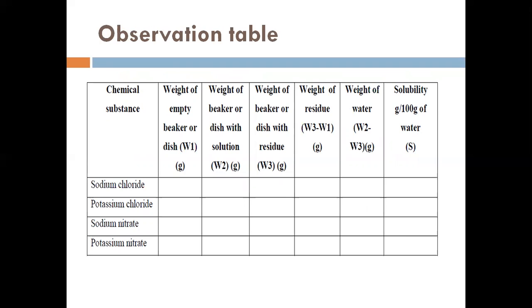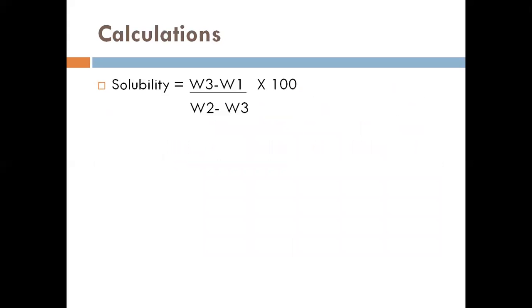Also, you have to calculate the weight of residue by W3 minus W1 in grams and the weight of water by W2 minus W3 in grams. By all these observations, you can calculate the solubility of the given substance. To calculate the solubility, use this formula: (W3 minus W1) upon (W2 minus W3) multiplied by 100.